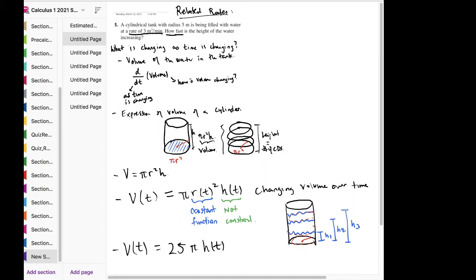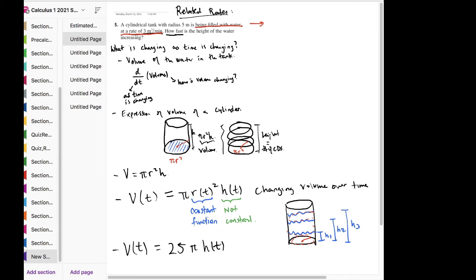So what do you think that word means? What math word is being filled at a rate of 3 meters cubed per minute? What math word do you think that is? Anyone?